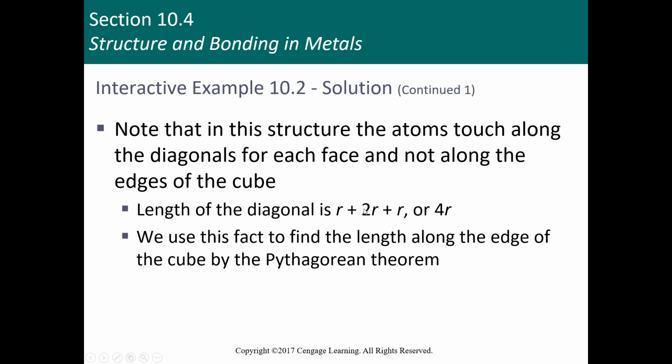There's 2 of them that go across in the center. There's one on the edge. There's another on the other edge. And so we get 4r, or 4 radii, as the diagonal of the face of the cube. So we can use this fact to find the length along the edge of the cube using the Pythagorean theorem.